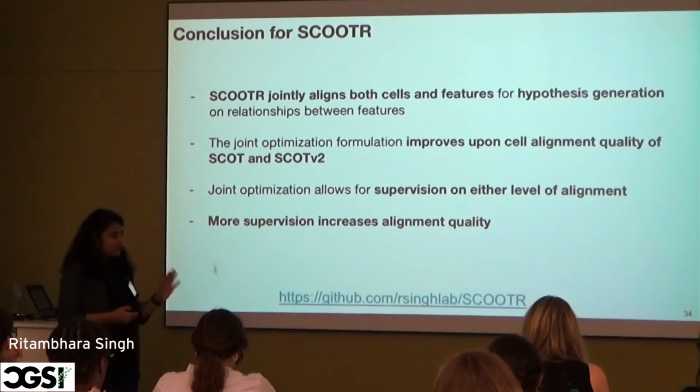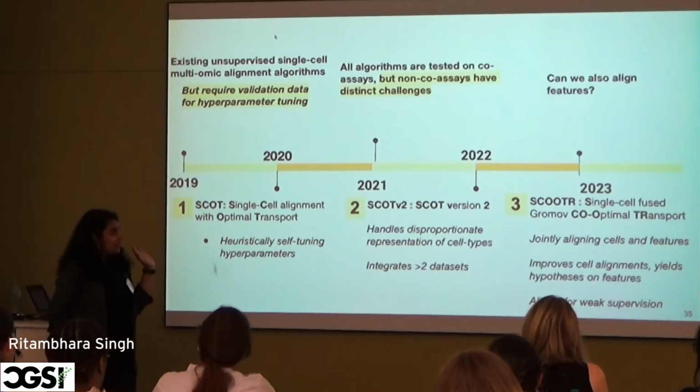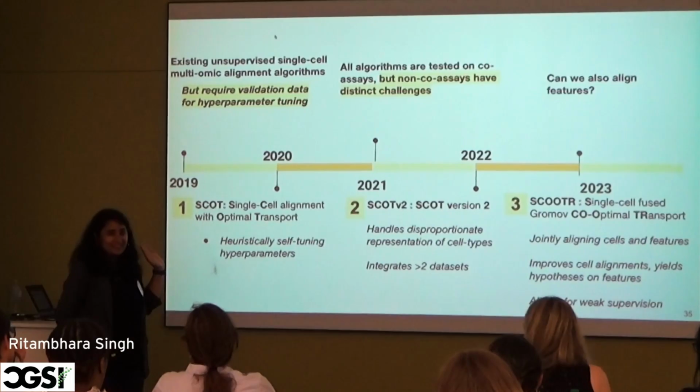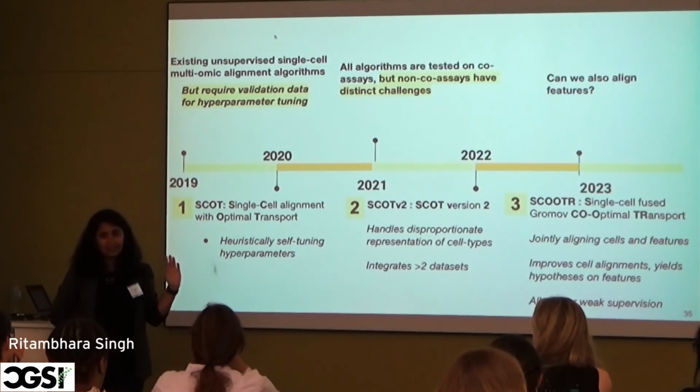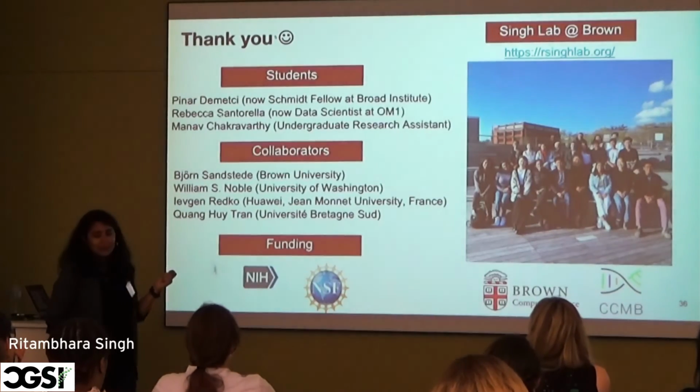This new formulation that I discussed today will be posted on arXiv soon, but we have the code available if people want to try and play with it. So this kind of wraps up the story of our attempt at single cell data integration using optimal transport.